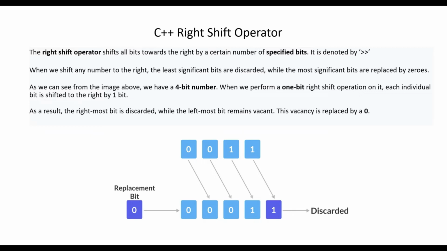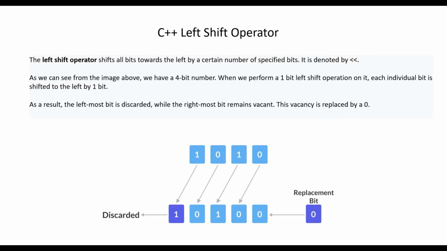And the next one is the C++ left shift operator. The left shift operator shifts all the bits toward the left by a certain number of specified bits. It is denoted by the insertion operator. As we can see in the above image, we have a 4-bit number. When we perform a 1-bit left shift here, each individual bit is shifted to the left by 1 bit.